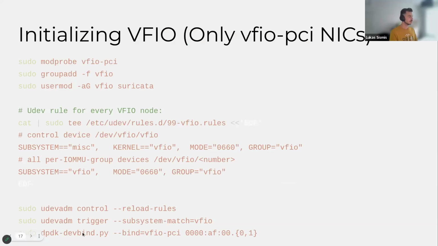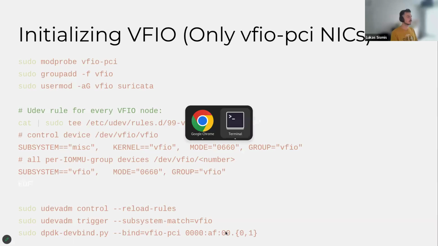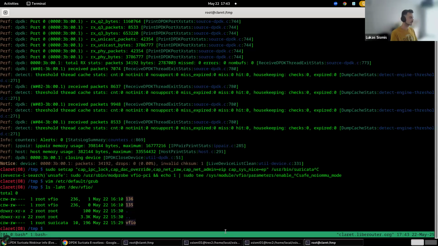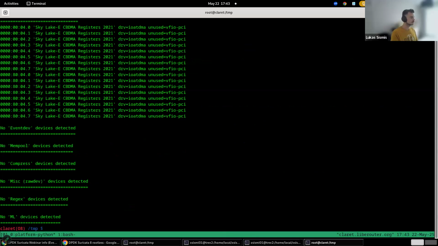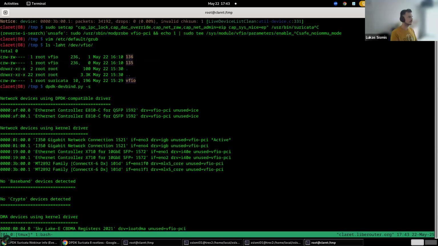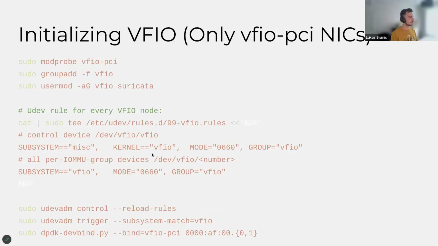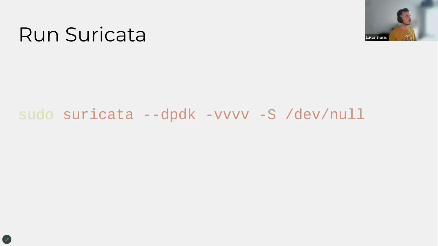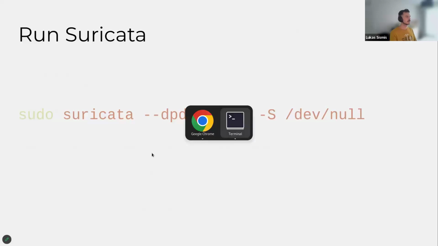And then the DPDK dev-bind can bind the VFIO driver to the Intel cards. So when we re-verify, you can see that we have this bound, and that should be it for the VFIO.